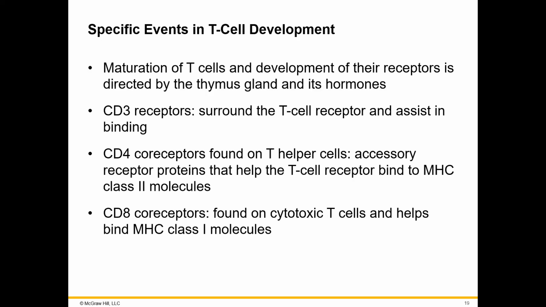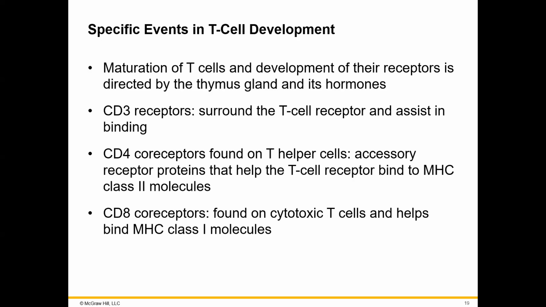In addition to the antigen-specific T cell receptor, all the mature T lymphocytes express co-receptors, which are called CD3. CD3 molecules, cluster of differentiation, remember that? CD3 molecules surround the T cell receptor and they assist in binding.